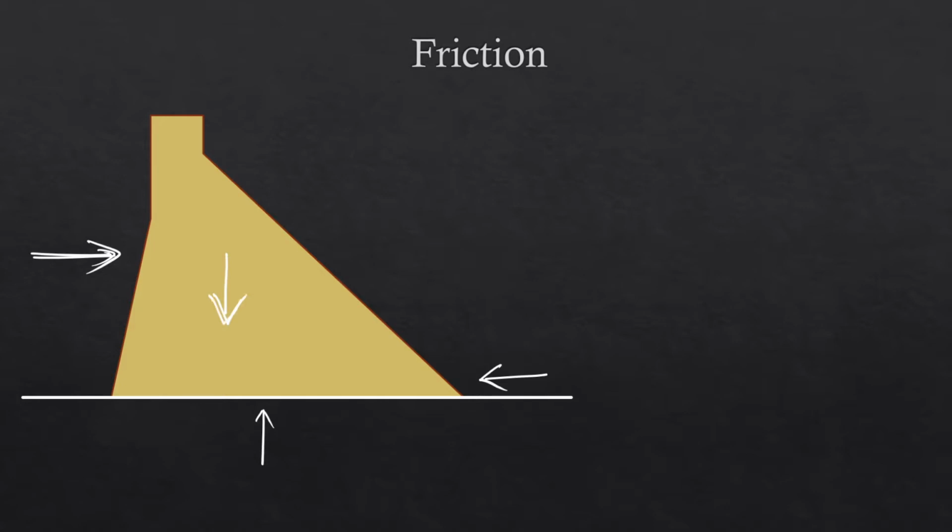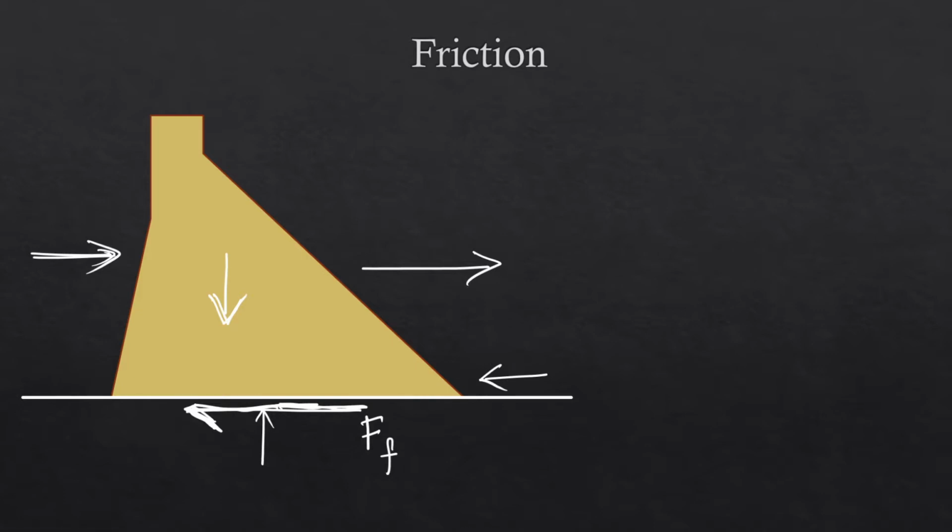So if sliding occurs, it will be in this direction, and therefore the resistance to sliding must be in the opposite direction along the interface of the dam and the river bed. So this is the direction of, let's call it FF, or the frictional force or the frictional resistance.